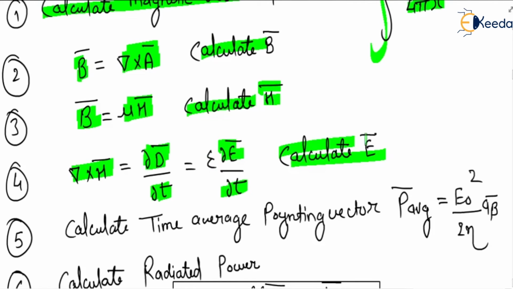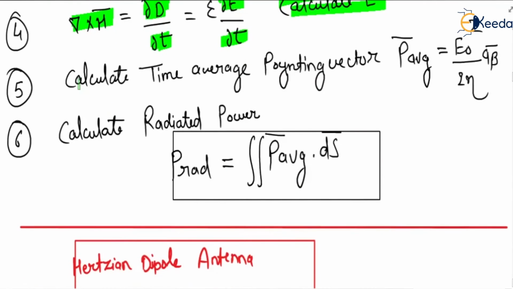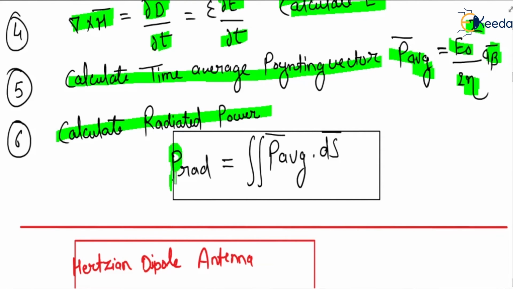So from here we can calculate E. Now we calculate the time average Poynting vector, which is E naught square by 2 eta, in the direction of propagation a beta. And then we can calculate radiated power. It is P radiated is equal to double integration of P average dot ds.